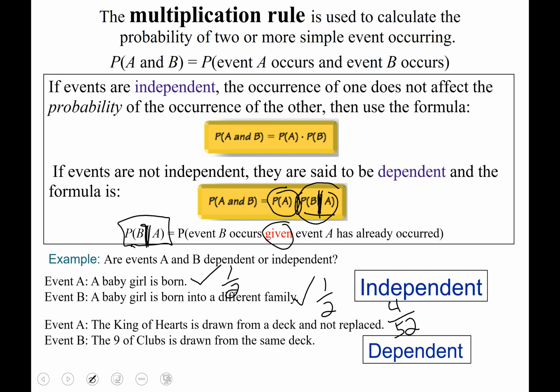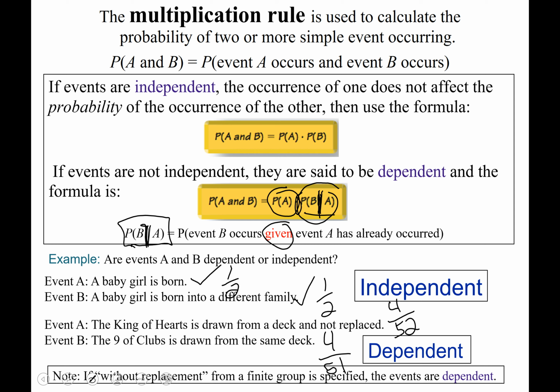But that king was not replaced, so now there are only 51 cards left in the deck. So the 9 of clubs is drawn from the same deck. There are 4 9s. And had event A not occurred, it would be over 52. But since event A did occur and it affects our denominator, it changes the probability of event B. That's what makes them dependent. Okay? All right.